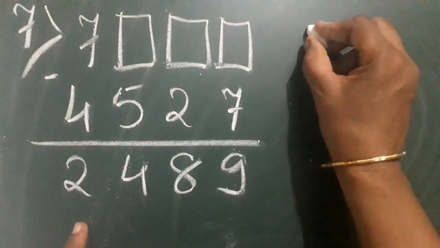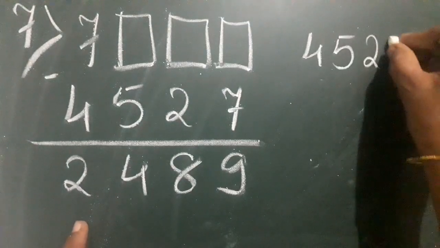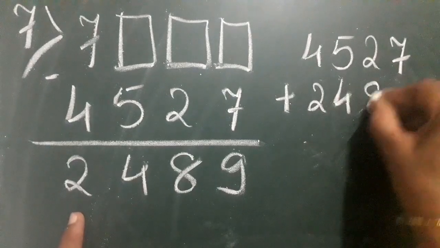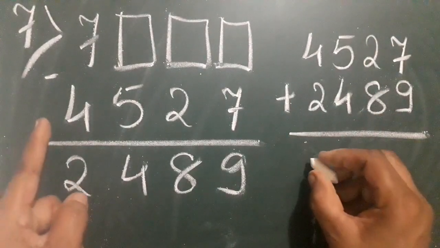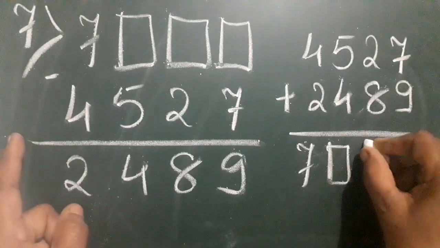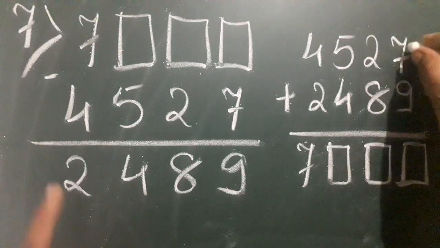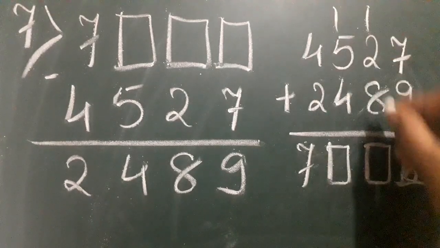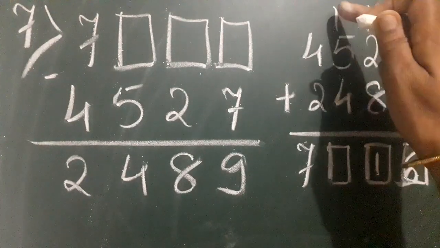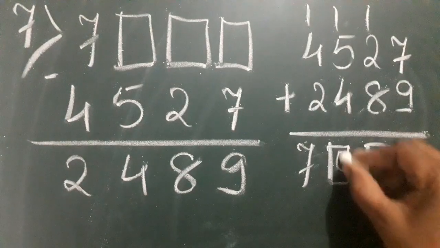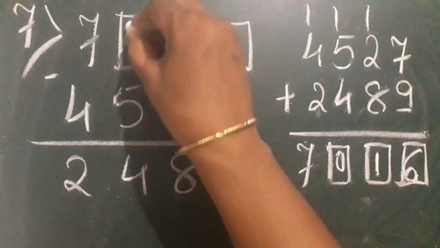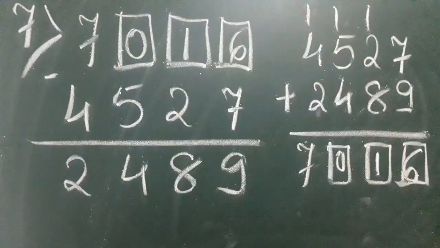So here I have 4, 5, 2, 7 plus 2, 4, 8, 9 and the answer is 7 and triple box. 9 and 7, 16, 1 carry over, 8 and 2, 10 and 1, 11, 5 plus 4, 9 plus 1, 10 and 4, 5, 6 and 7. Okay, so 7016 and this is very easy question.